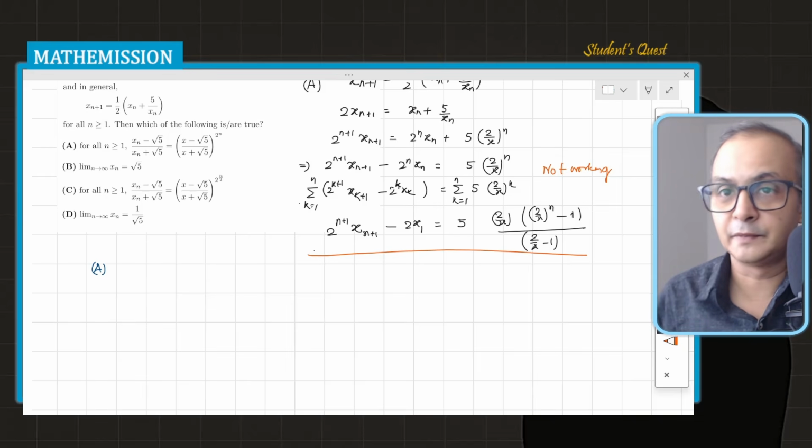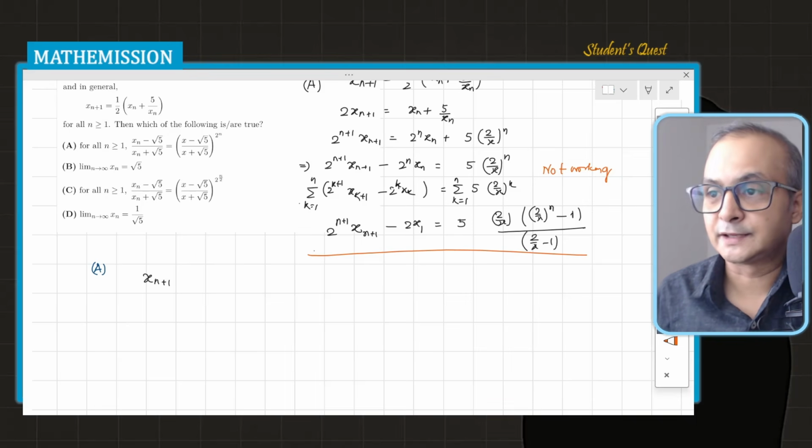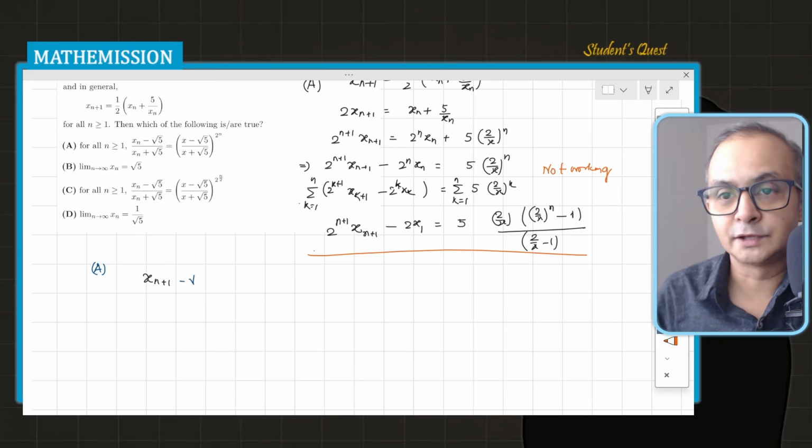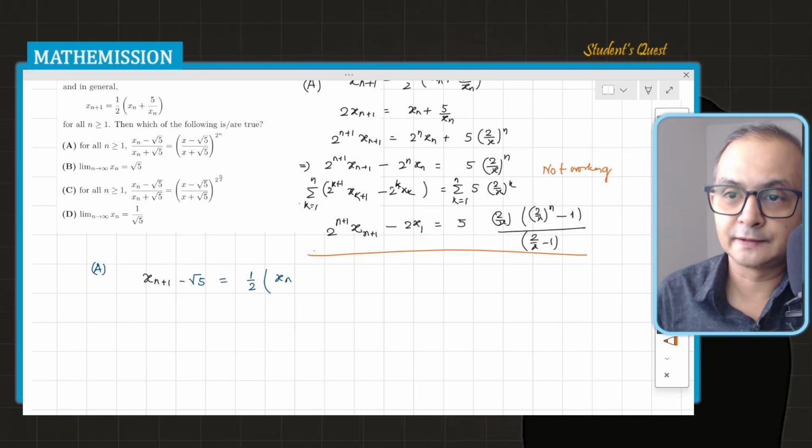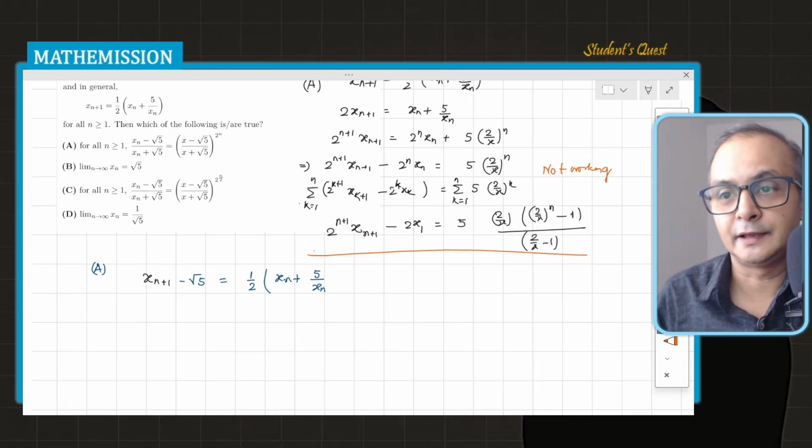So instead of finding xn, I can find xn plus 1. So xn plus 1 minus root 5 means half of xn plus 5 by xn, minus root 5.